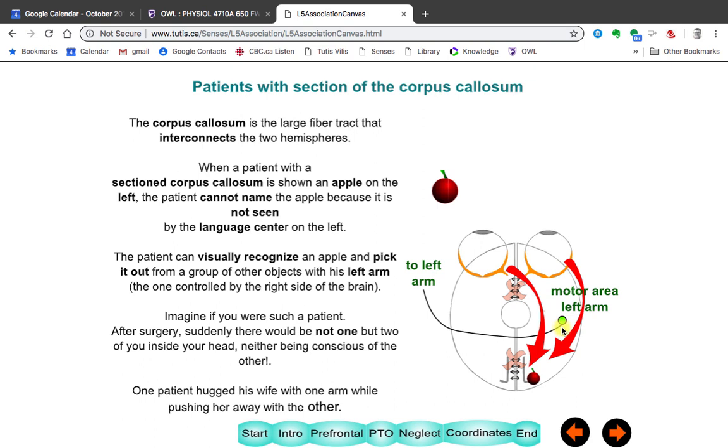And one side had no idea what the other side was thinking or experiencing. It's a weird thing to imagine, two of you in one head. And there are examples of patients that are thinking very different things. One patient, for example, would hug his wife with one hand and push her away with the other.